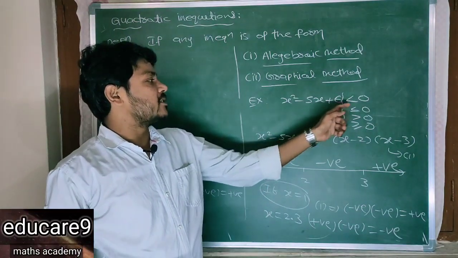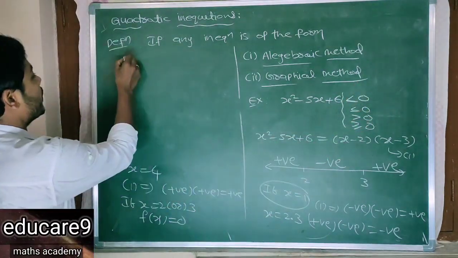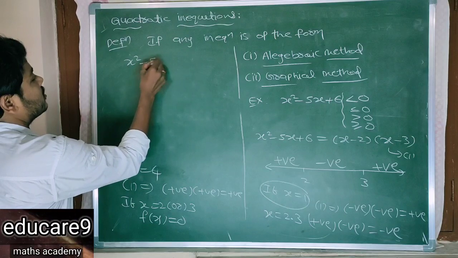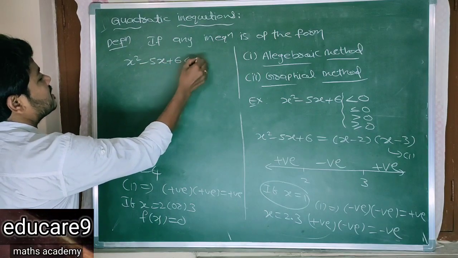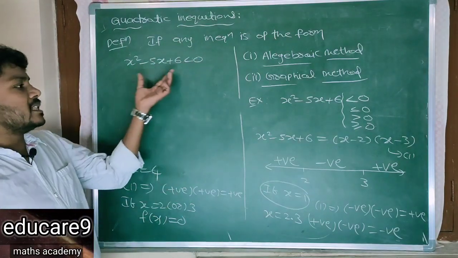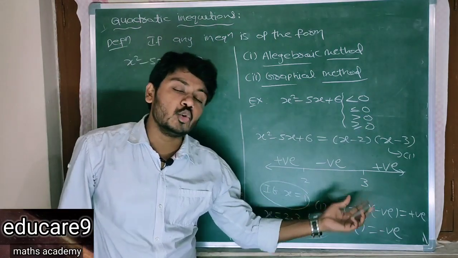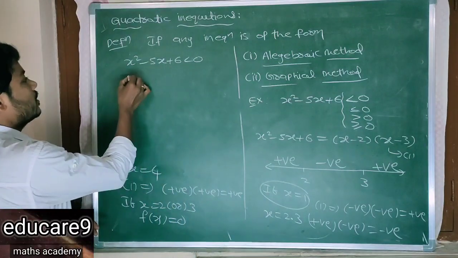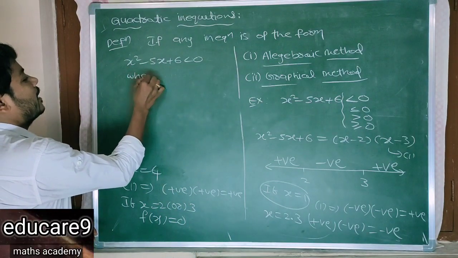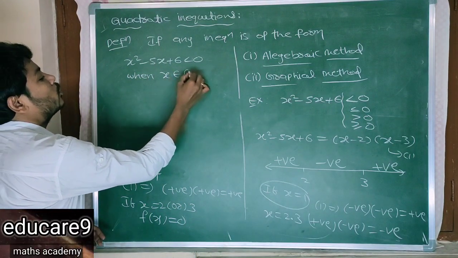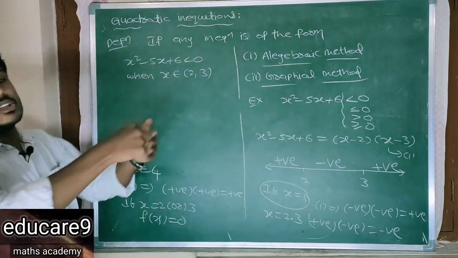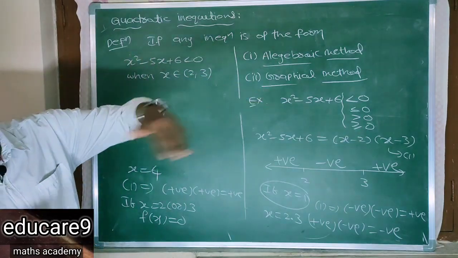Now, x square minus 5x plus 6 is less than 0. Clearly x lies in the interval 2 to 3, and only there is the expression less than 0.